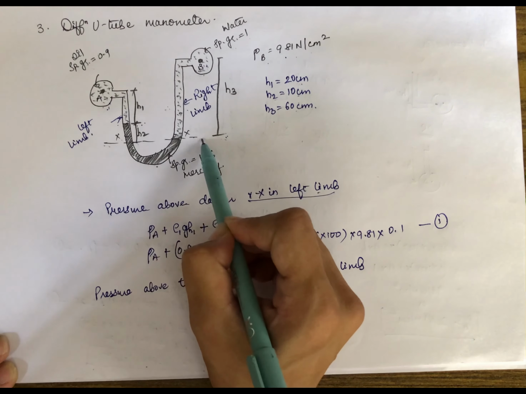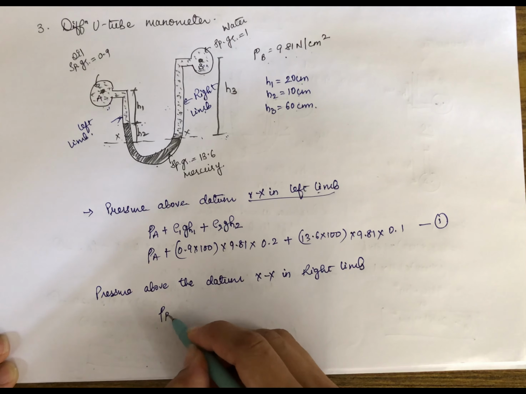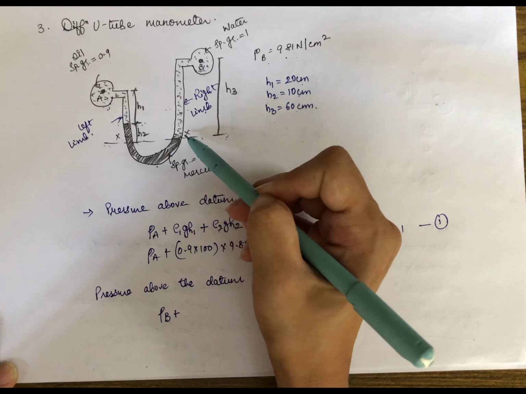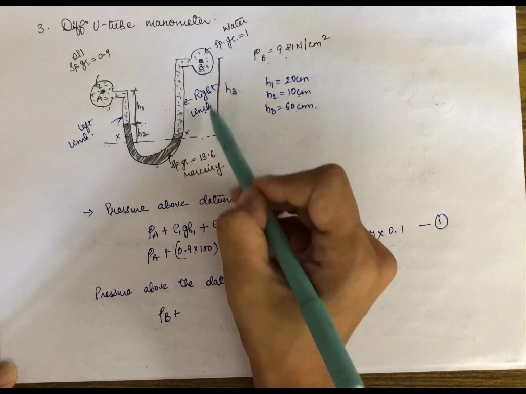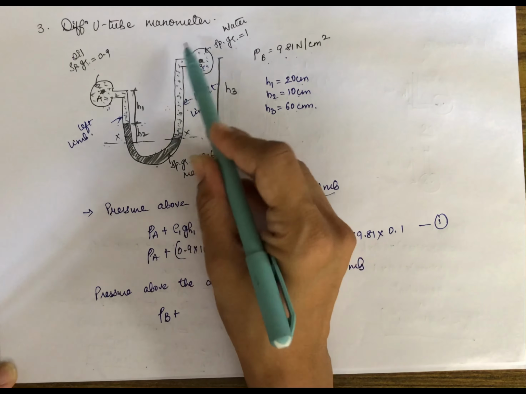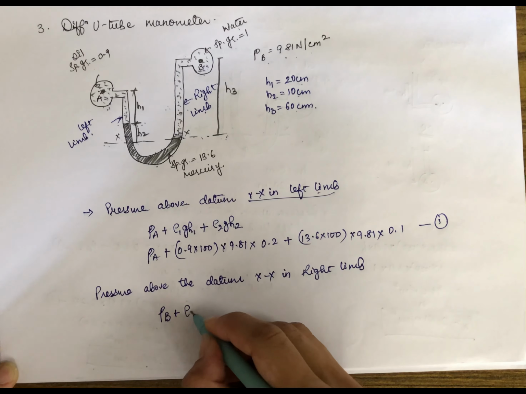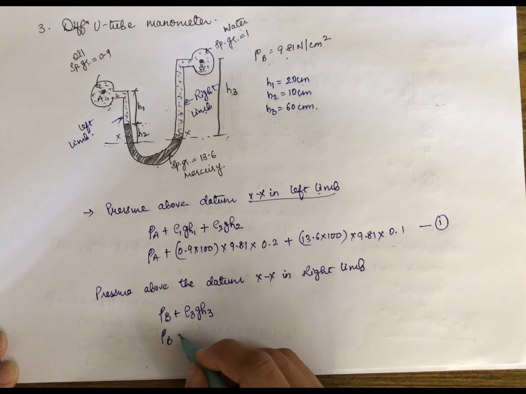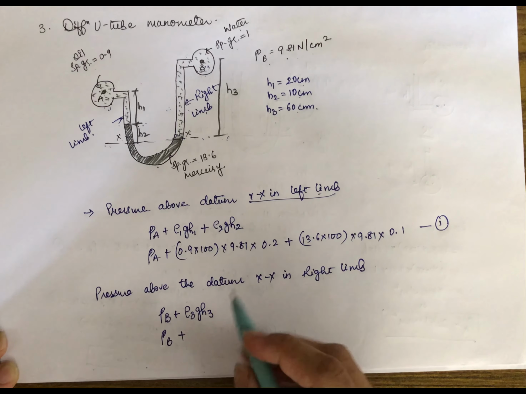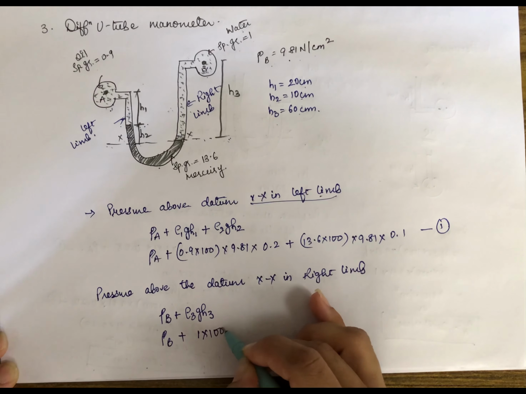Again starting about the datum XX in the right limb, the pressure at B plus, now above the datum XX only one liquid is present, which is water. So, we will write rho 3 G H3. It will be PB plus rho 3, and the density of water will be 1 into 1000.